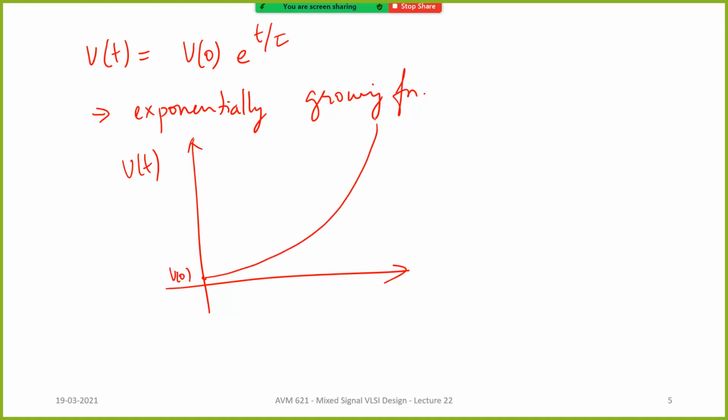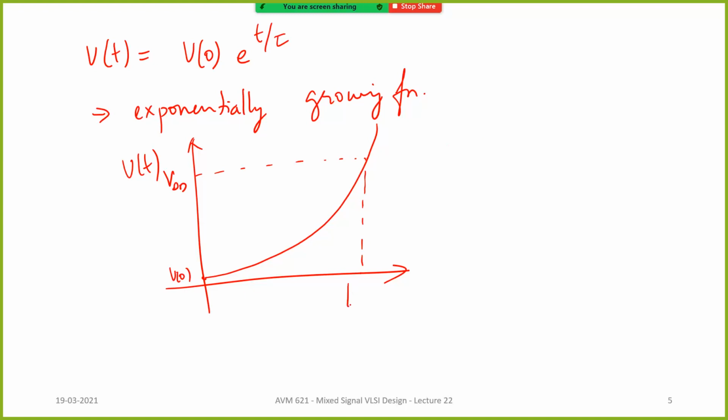Now what is our requirement? We want to know how much time we need to wait till this voltage reaches what value? VDD, correct? So let's say this is VDD.